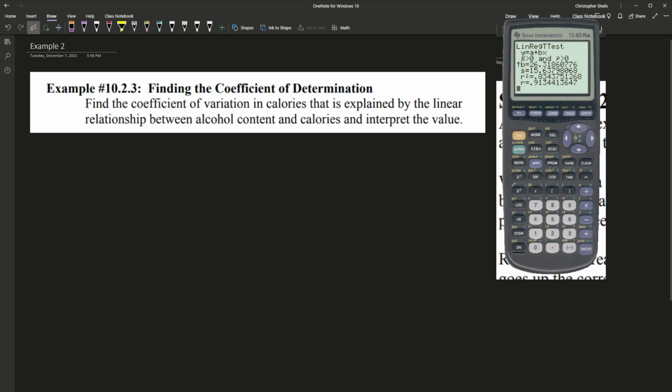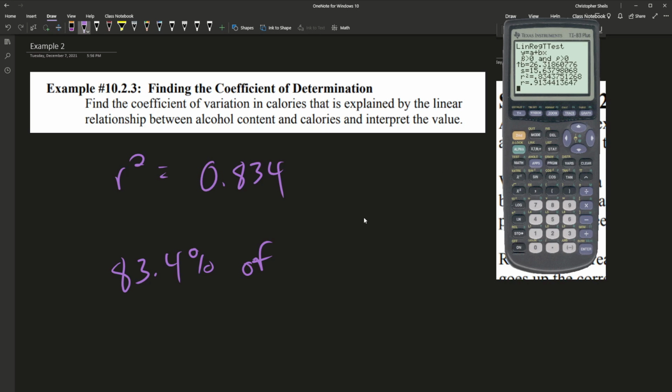So the r squared here is just 0.834. And what this means is that 83.4% of the variation in calories is explained by the linear relationship between alcohol content and calories.